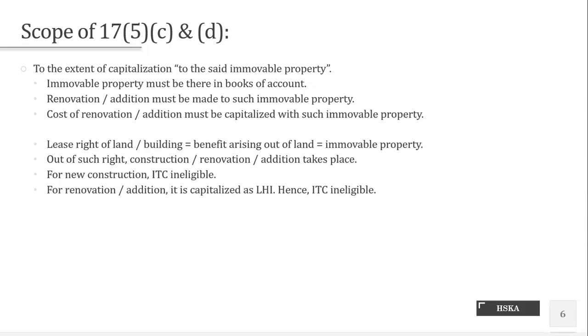It will not be capitalized. You're right. So neither the quantum nor the longevity is of any relevance. It is the intention to put it to use for a given duration. So we cannot say leasehold improvements ipso facto will be blocked credits. So what are the components of this?